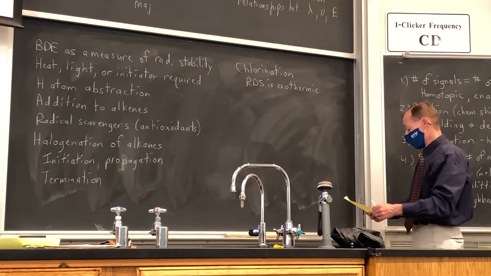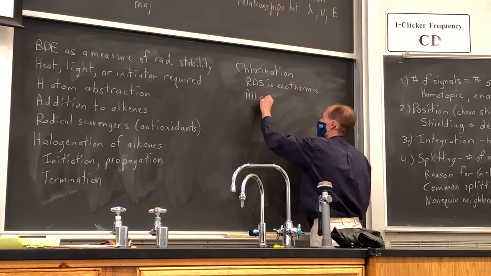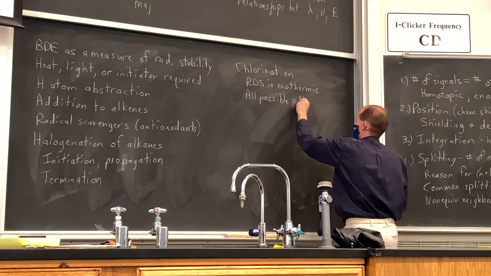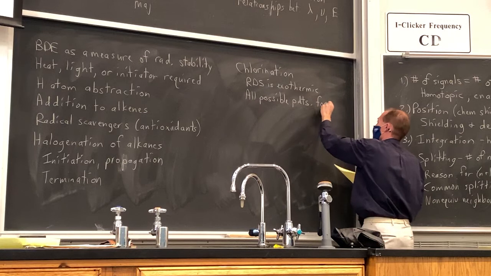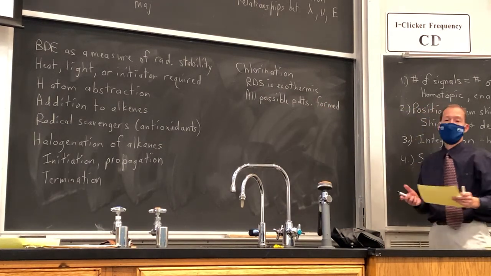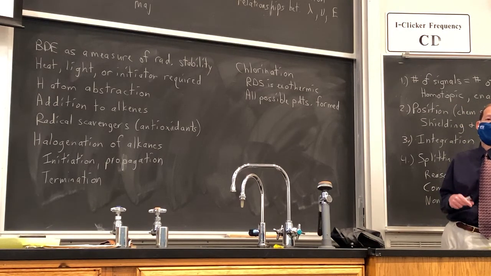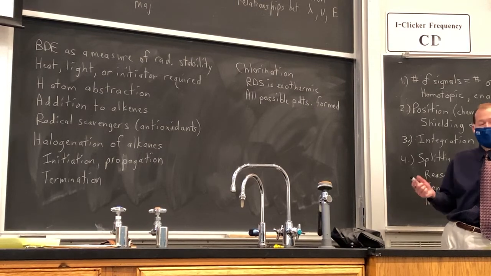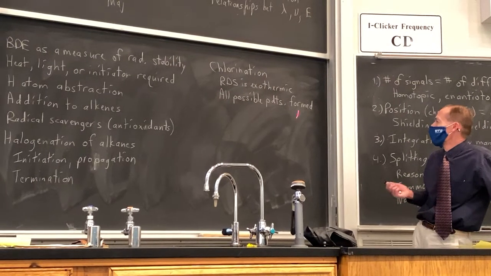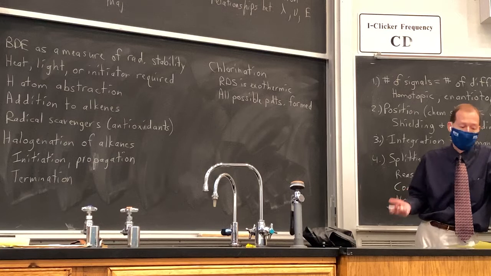So remember, the consequence of this is that all possible products are formed. So we will form the more substituted halides faster, but because there's always less hydrogens leading to the more substituted products, due to statistics, we end up with all possible products from chlorination formed in roughly equimolar ratios.